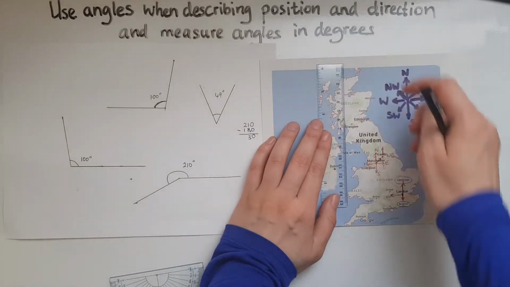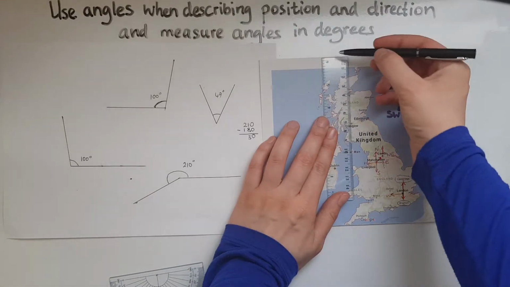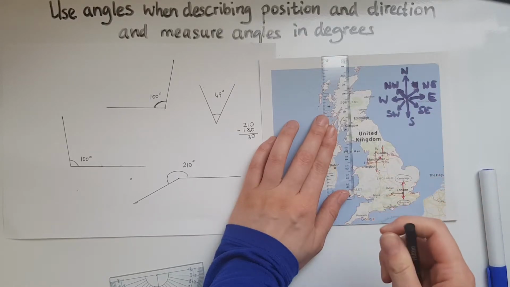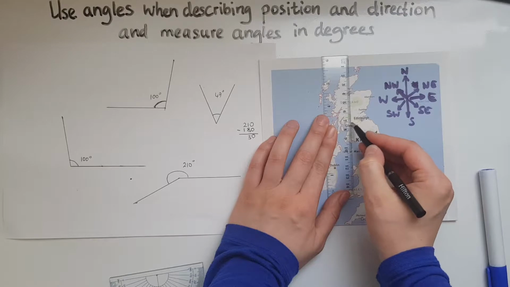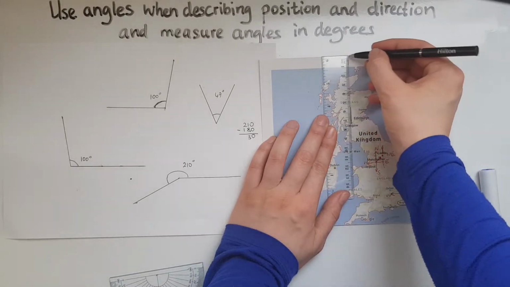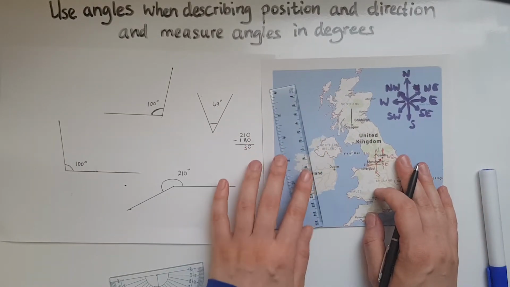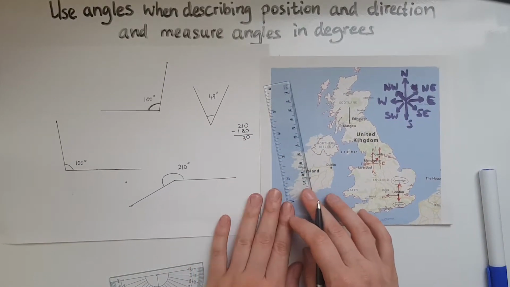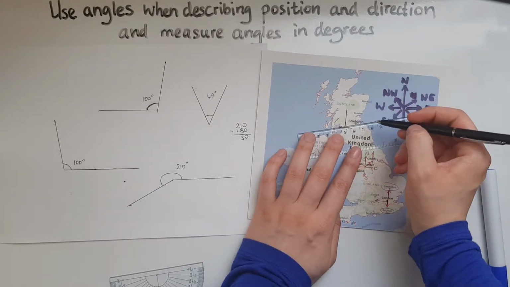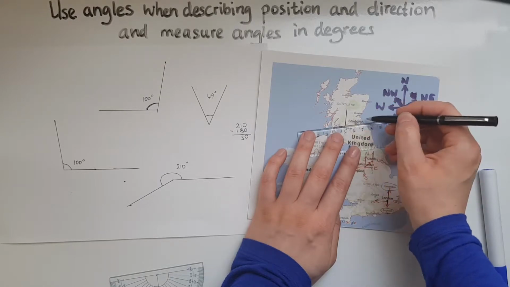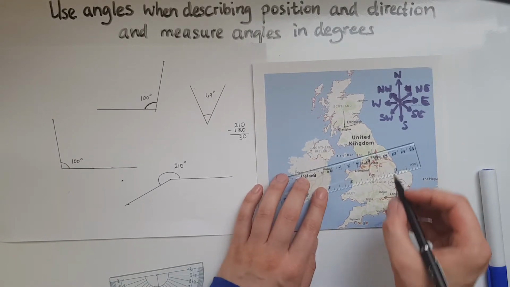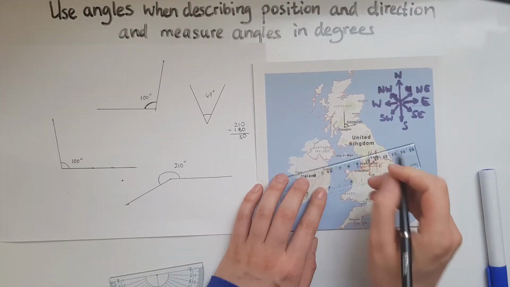So I'm going to use this ruler to draw the north from Glasgow. So there is a straight line there. So we've got Glasgow. Now we're moving from Glasgow to Edinburgh. So what is that bearing? In other words, we're looking for this angle.